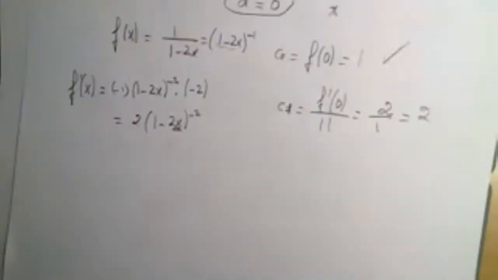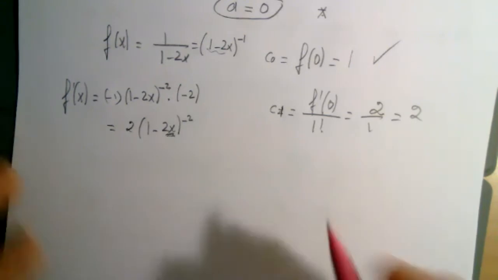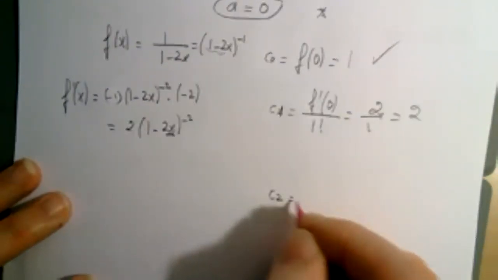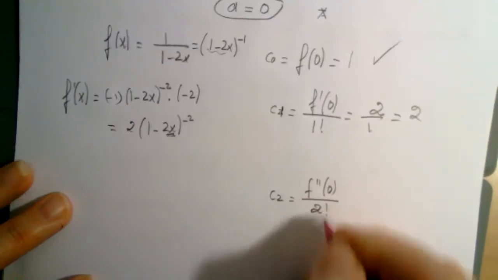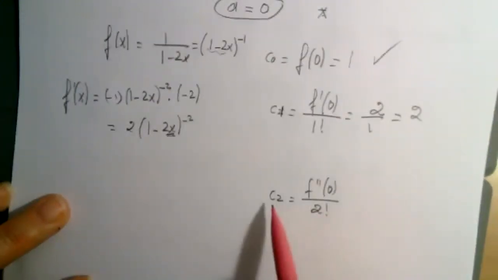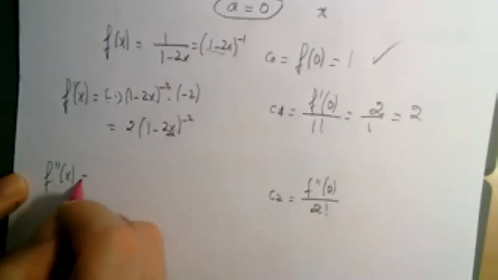Now I'm going to find C2 by computing using the formula again. What does C2 tell me? C2 is the second derivative at 0 over 2 factorial. So to find C2, I'm going to find the second derivative of f.